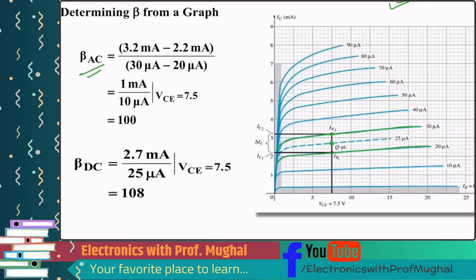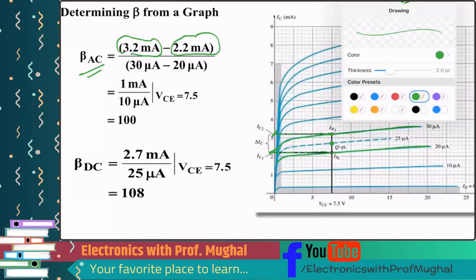You draw a straight line like this, and you note this value. Looks like it's 3 something, so it's 3.2 milliamps. And you note this value over here, which is 2 point something, so it's 2.2 milliamps.